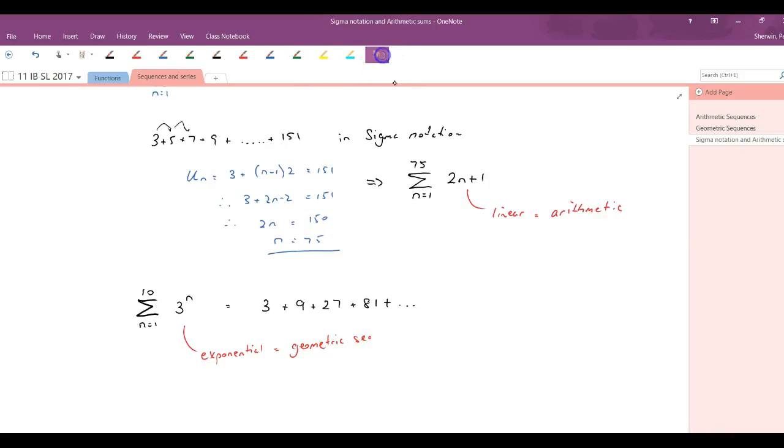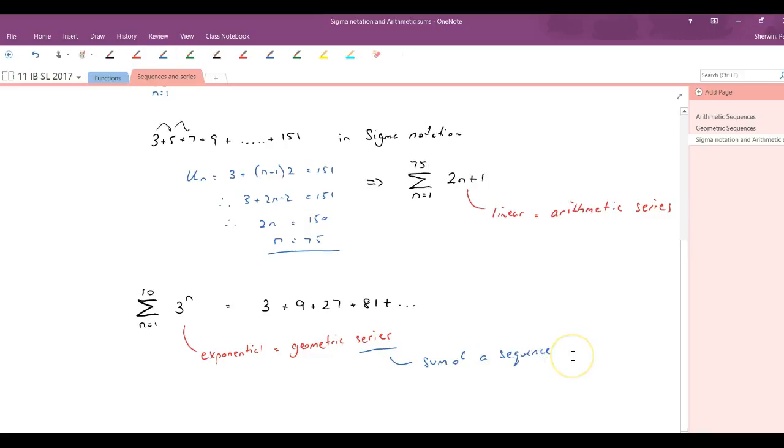Or, it's a sequence, but because we're looking at the sum, then we'll say it's a series. Remember, a series is a sum of a sequence.